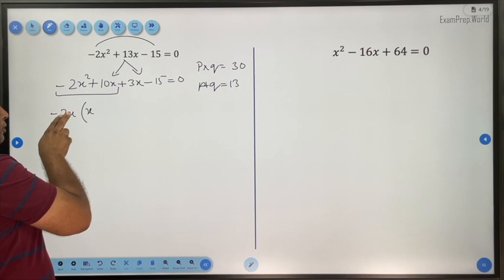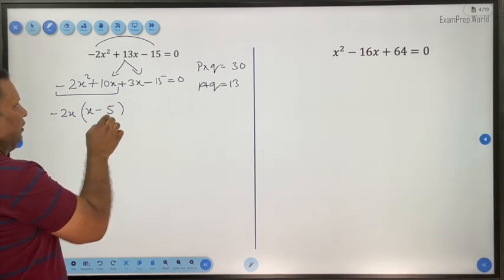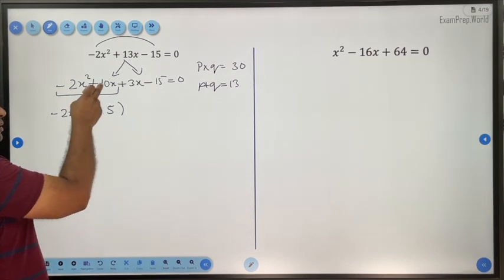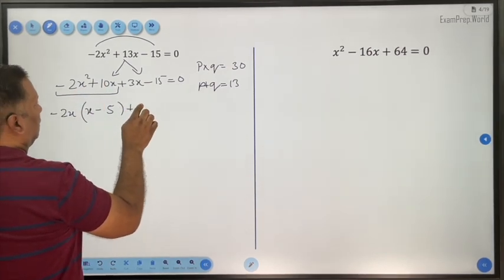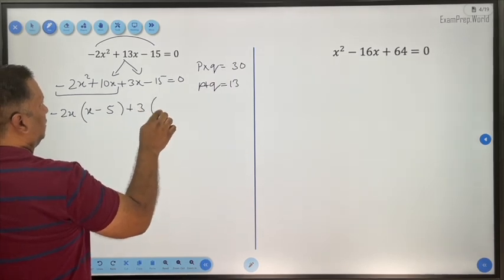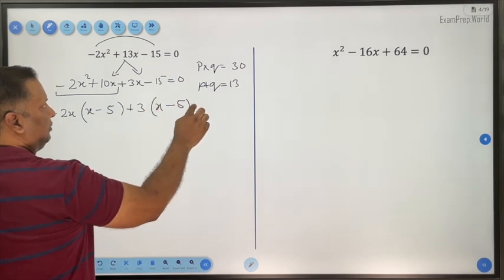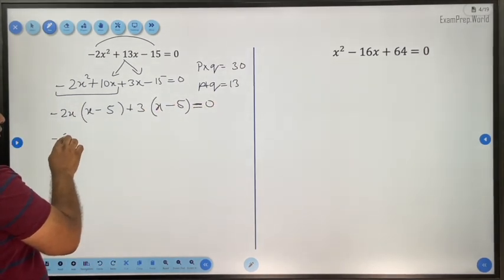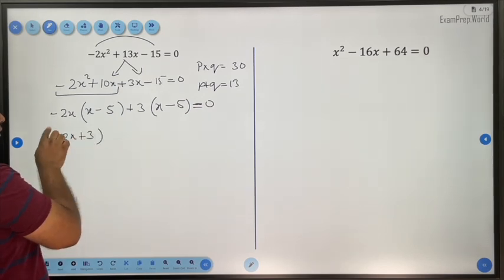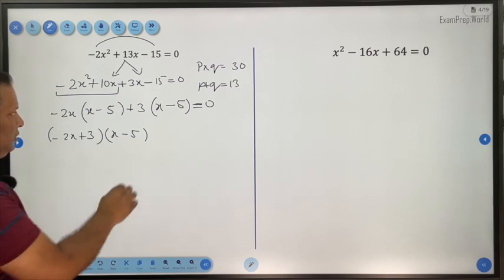And negative 2x times what is positive 10x? It should be negative 5, because negative 5 times negative 2x becomes positive 10x. And here we can take 3 common: 3 times x is 3x, 3 times negative 5 is negative 15, equal to 0. So now we have negative 2x plus 3 and x minus 5 as our factors.